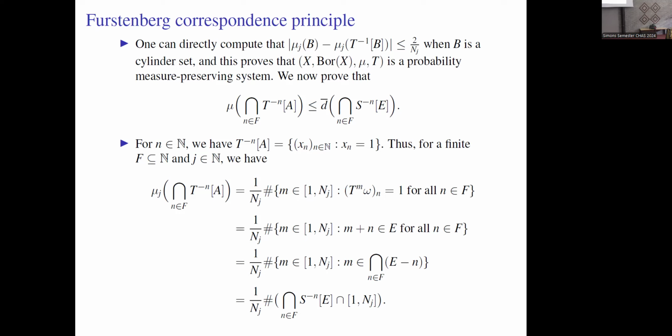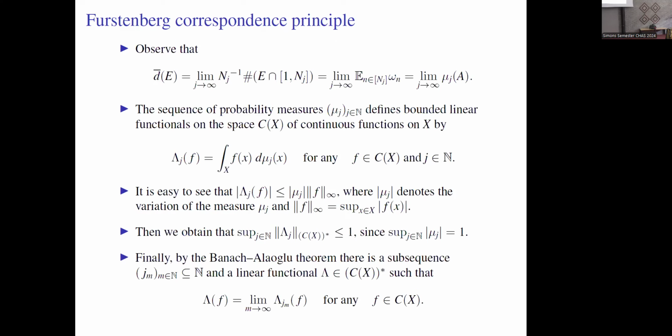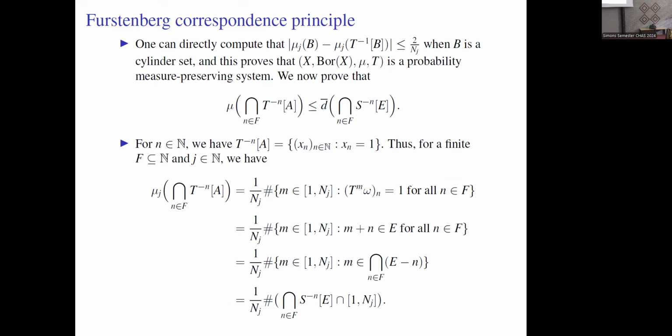And now we have to prove that the density of this event dominates the measure of this event corresponding to our set A. Remember, the set A is the set of all sequences that start with 1. The first digit is 1. So therefore, T to the minus n of A is the set of all elements whose nth digit is 1. And for every finite subset F, we start with this, then by the definition this holds for all n in F.